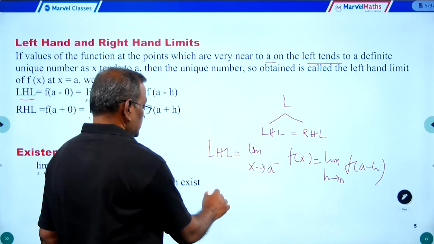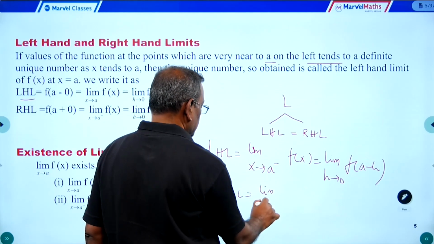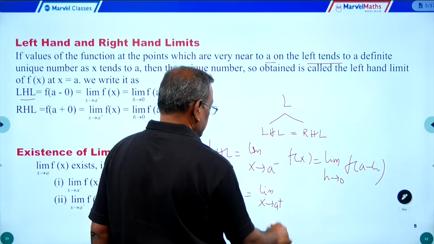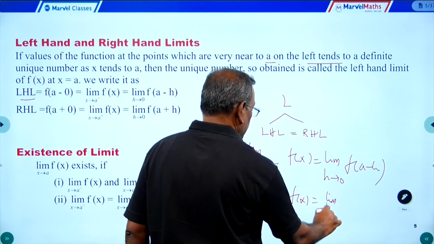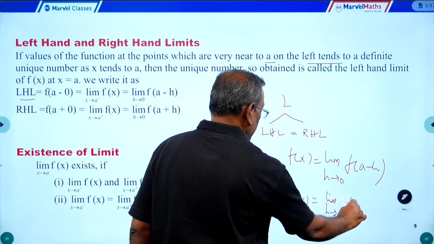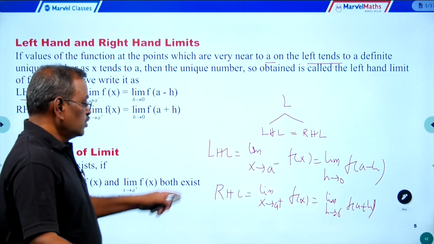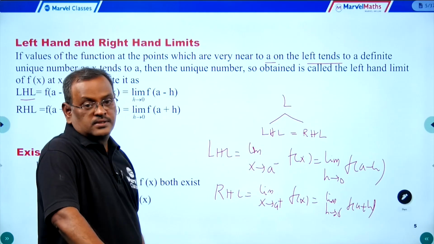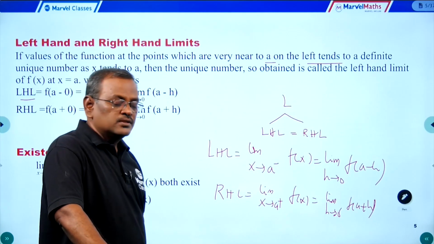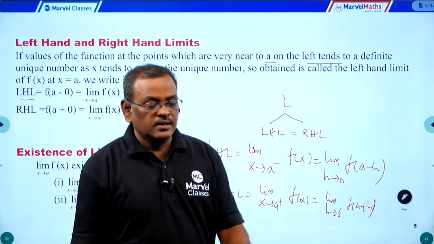And RHL definition equals limit of x approaches a plus, f of x, equal to limit h approaches 0, f of a plus h. So both limits should exist and both values should be equal, then only the limit exists. When LHL is not equal to RHL, the limit does not exist.